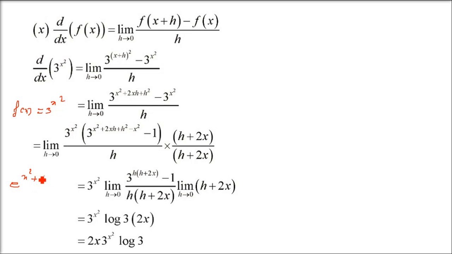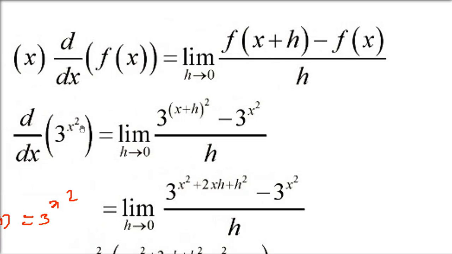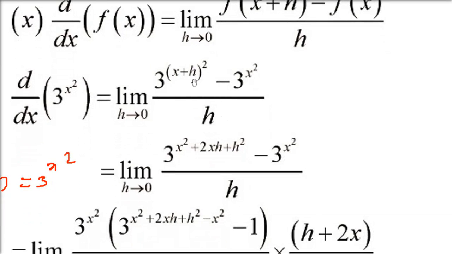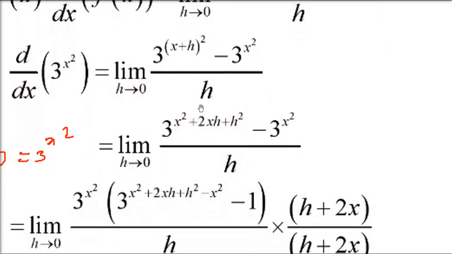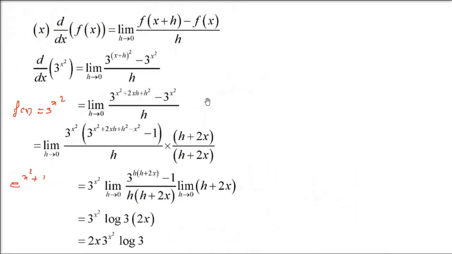If you want, you can refer to it also, but I'm going to show you here only. Wherever x is there, put x plus h. So 3 raised to (x plus h) whole square is f(x+h), minus f(x), 3 raised to x square, by h. So (x plus h) whole square is a square plus b square plus 2ab: x square plus h square plus 2xh.